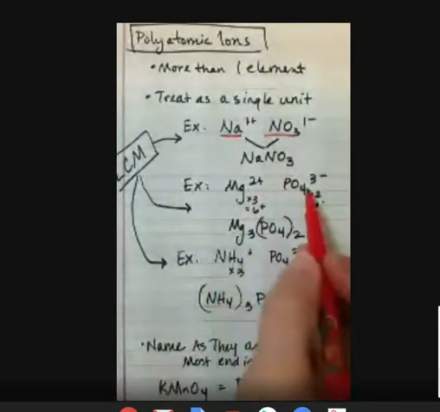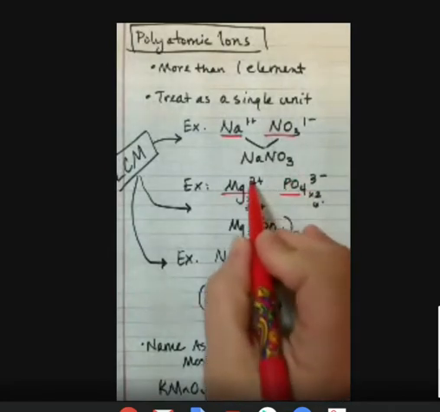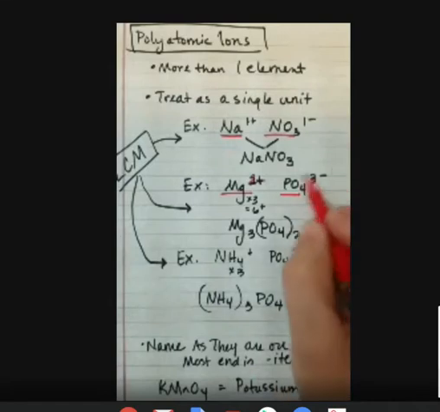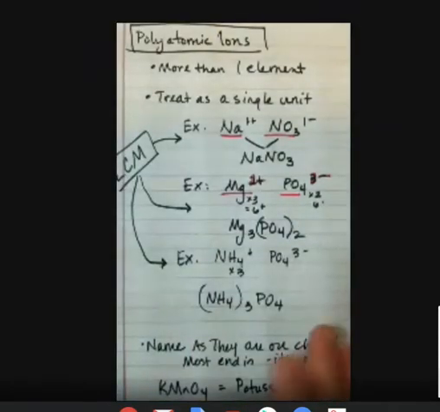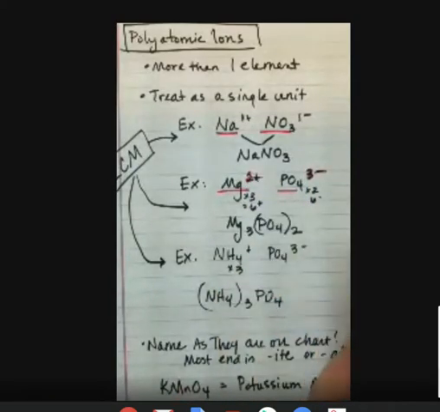What if I had magnesium and phosphate bonded to each other? Well, magnesium has a charge of 2 plus because it's in the second column on the periodic table. Phosphate is PO4 with a 3 minus charge. Remember, I need my charges to balance out and cancel. So I'm going to use the least common multiple method, LCM, off to the side. The least common multiple is 6.